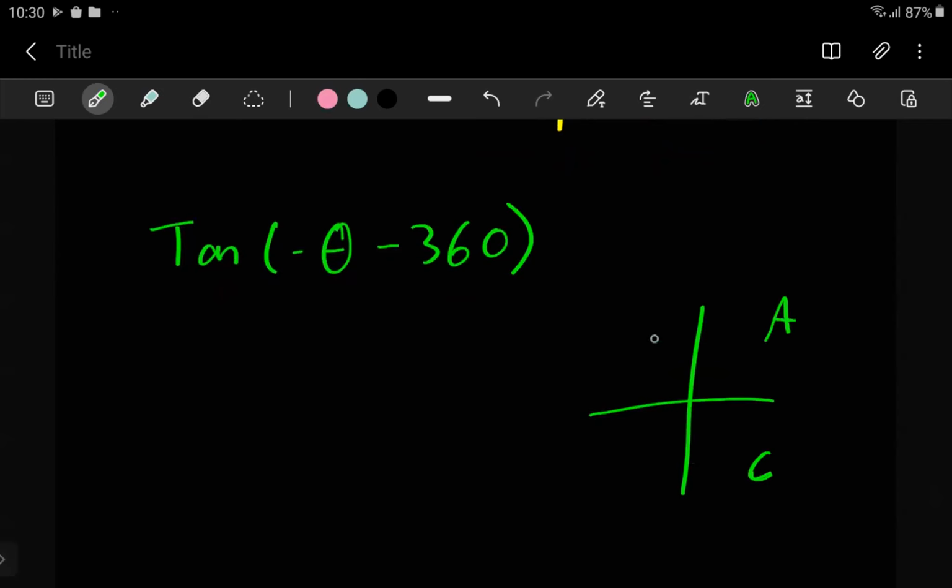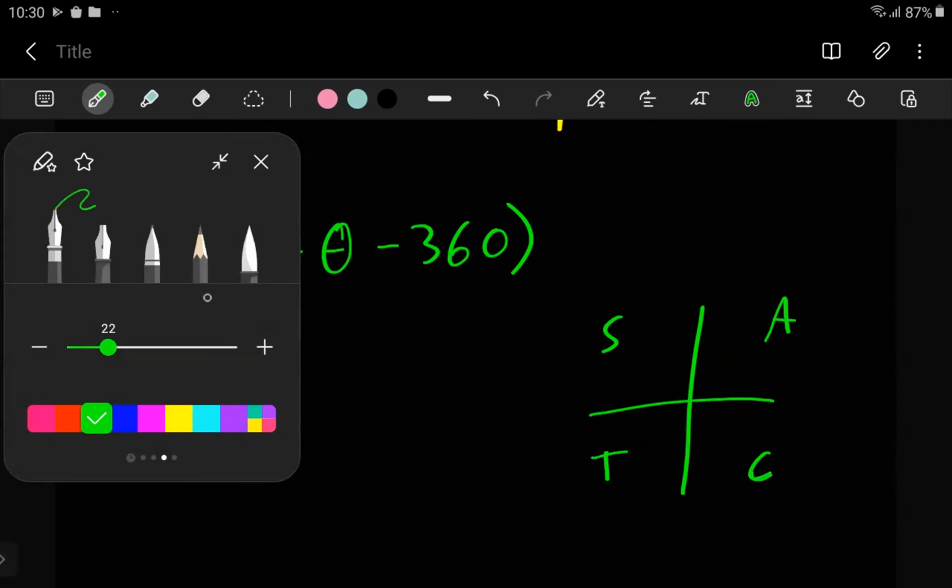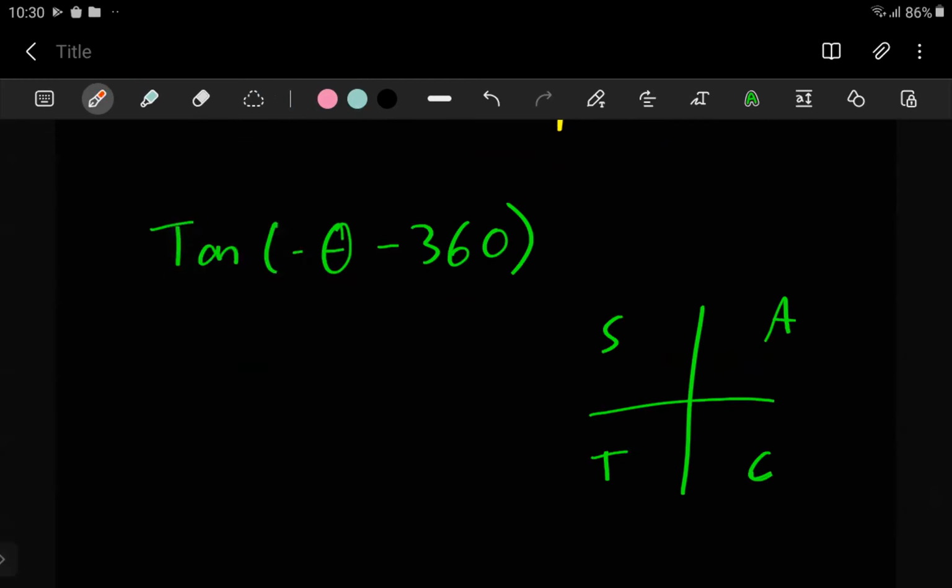The reason your CAST diagram will help you is because all you have to know is if you're working with a minus, you have to be going clockwise. So if you swap this around, you're going to have here tan, negative 360, and then negative theta.